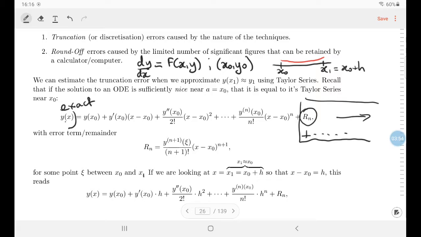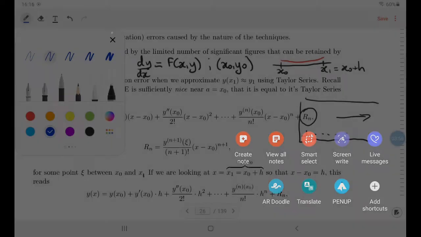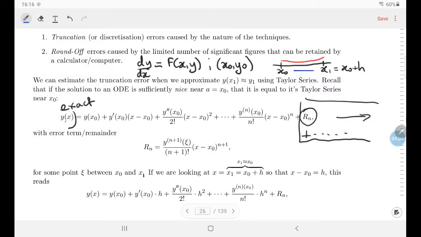Now xi is some point between here and here. Now we don't know what it is, it's just some point in there, divided by (n+1) factorial times, I think this x actually should be, I'm going to throw in x1 here, and then I have to put them all x1s.